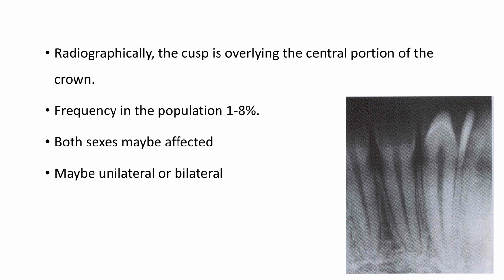Some estimates suggest that the frequency of talon cusp in the population ranges from less than 1% to 8%. Both males and females may be affected, and the occurrence may be unilateral or bilateral.